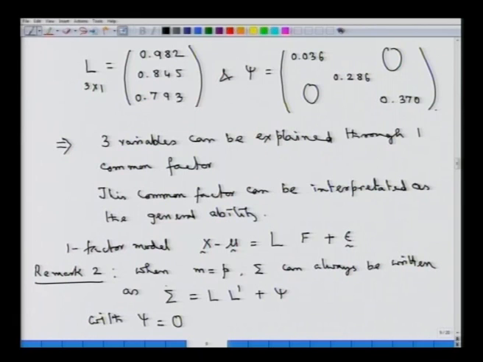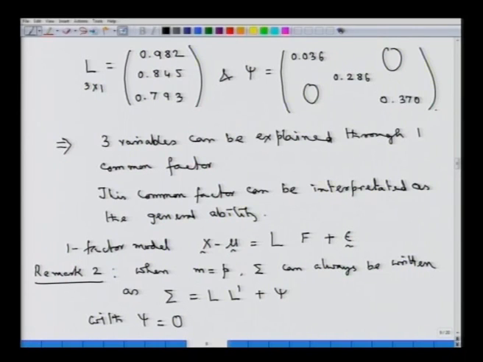Because sigma is a positive semi-definite matrix, at least we can assume that it is positive definite, so that there are no redundancies. So, this sigma matrix is equal to LL dash, that will always be possible with this psi matrix equal to a null matrix.